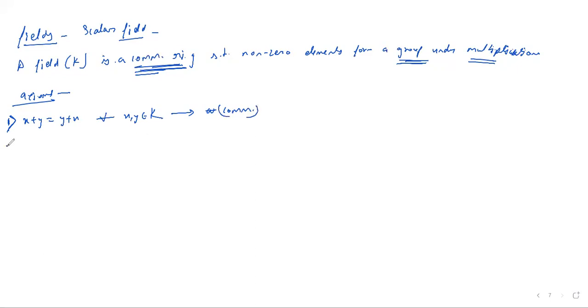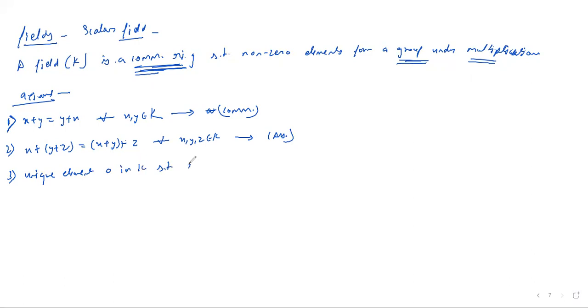The second is x plus (y plus z) equals (x plus y) plus z for all x, y, z in K, the property of associativity. The third: there is a unique element 0 in K such that x plus 0 equals 0 plus x equals x for all x in K.